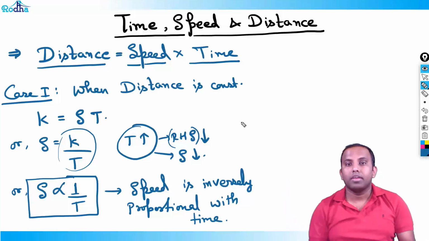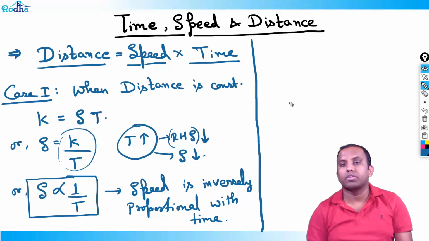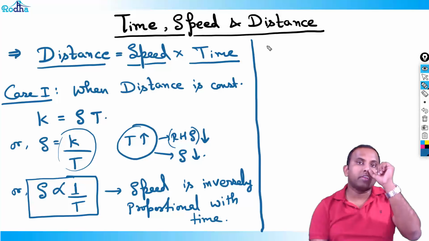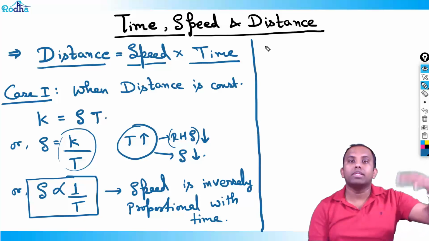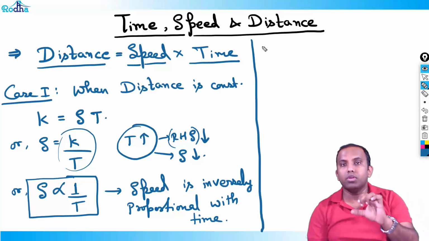Now, we have discussed this funda in percentage, that when two quantities are inversely proportional. Like in percentage we discussed, expenditure was equal to price into consumption. So when expenditure is constant, price is inversely proportional to consumption.